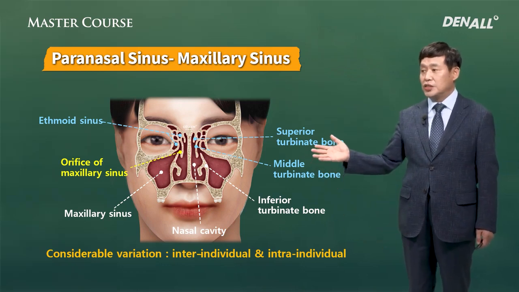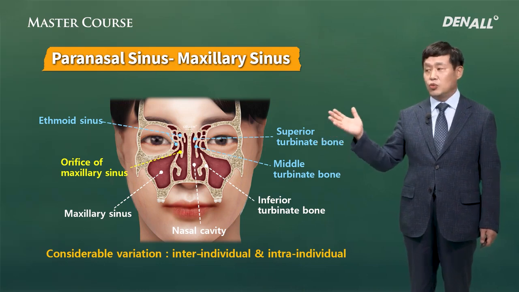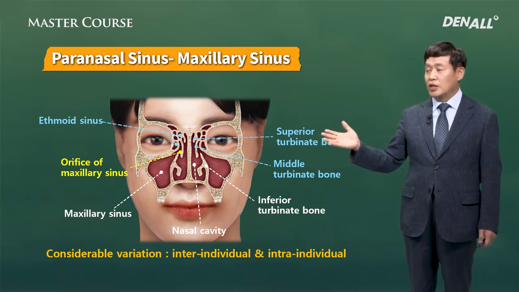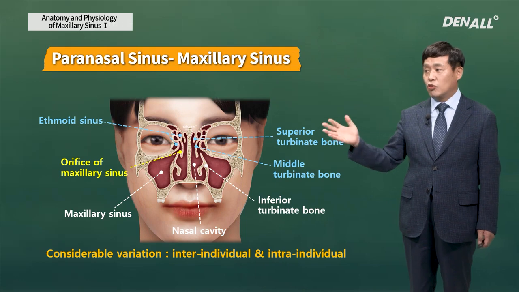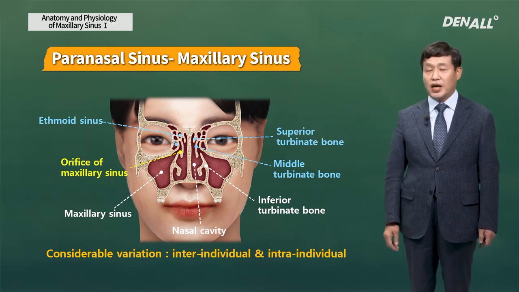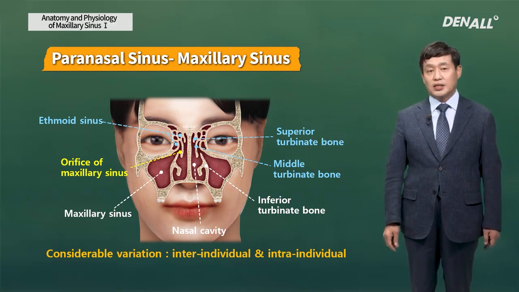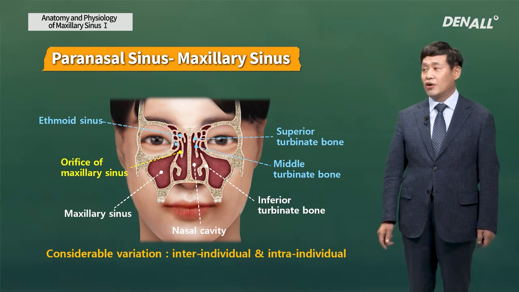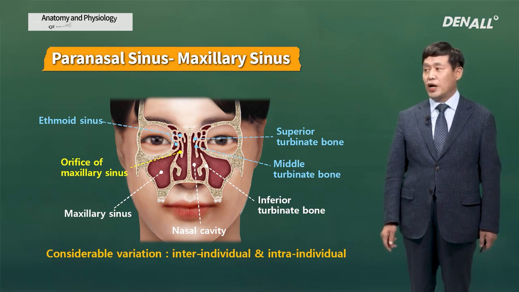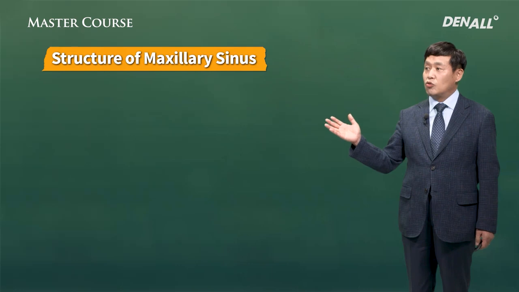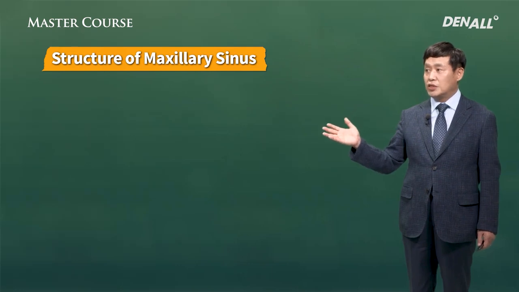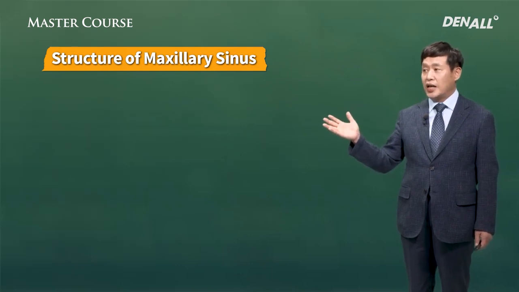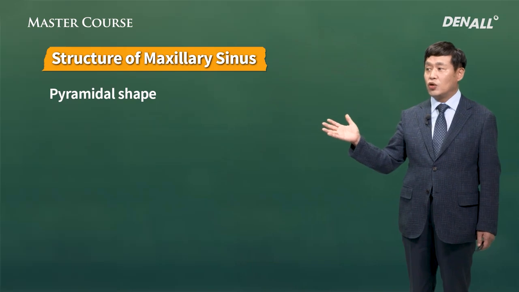As I said before, the size of the sinus is different inter-individually, and there is a difference between the left and the right in the same person. So the shape and size should be checked using the X-ray. The shape of the maxillary sinus is a pyramid.